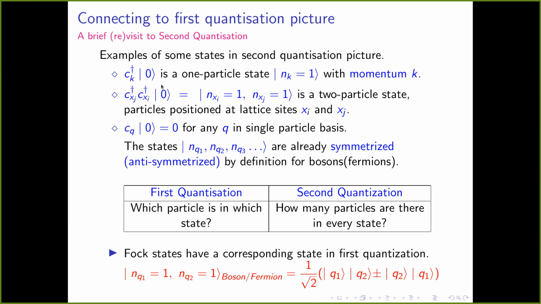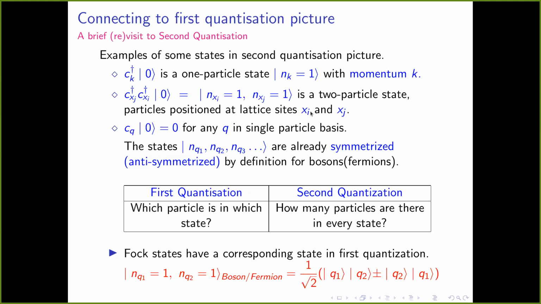If I say C dagger x_j, C dagger x_i acting on 0, then it's a two particle state with one particle at position x_i and another particle at position x_j. And 0 is the vacuum, as I said. The annihilation operator acting on 0 for any quantum number Q gives 0.